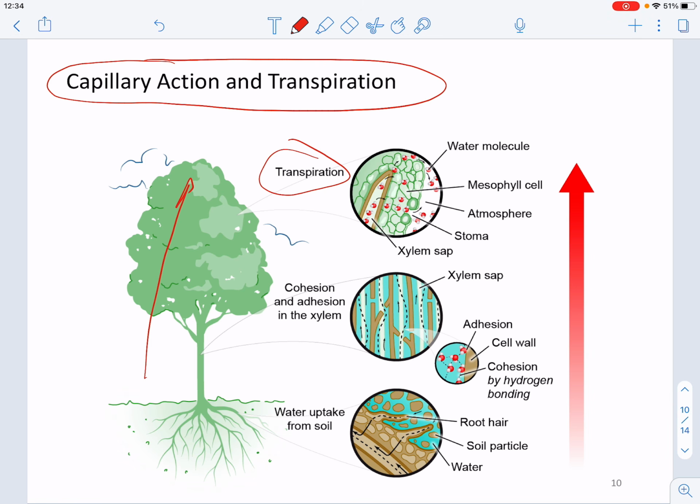That is what is establishing the need to transport more water up the tree. So the combined action of transpiration and capillary action is what makes water flow upward in that tree, and water being transported to every single cell in the tree. Okay, so that's one of the main importances that you can see in capillary action.